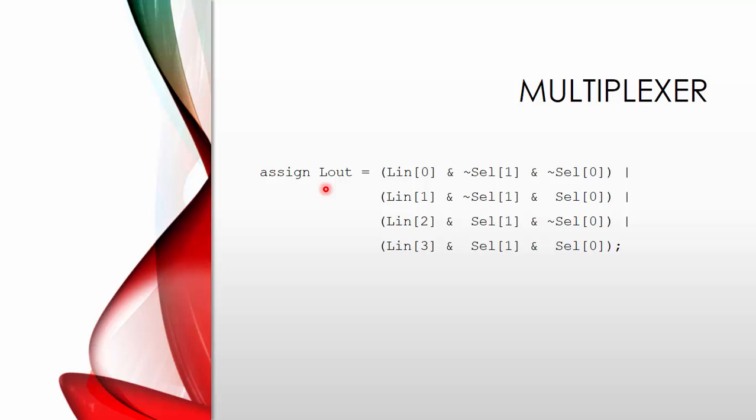We just put an assign statement to the output, taking the input individually, and we end it with the possible combination of the selector, and then we OR each of the combination separately.